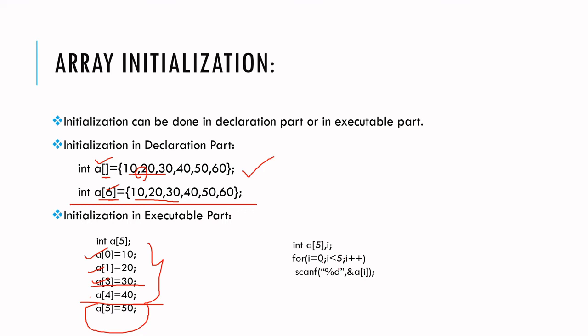When i is equal to 2, it will fetch the third element. This process will be repeated until the value of i is less than 5. Once the value of i is equal to 5, automatically the condition fails. That's why the program control comes out of the for loop. So in this methodology, we can easily initialize the elements of an array in the executable part.